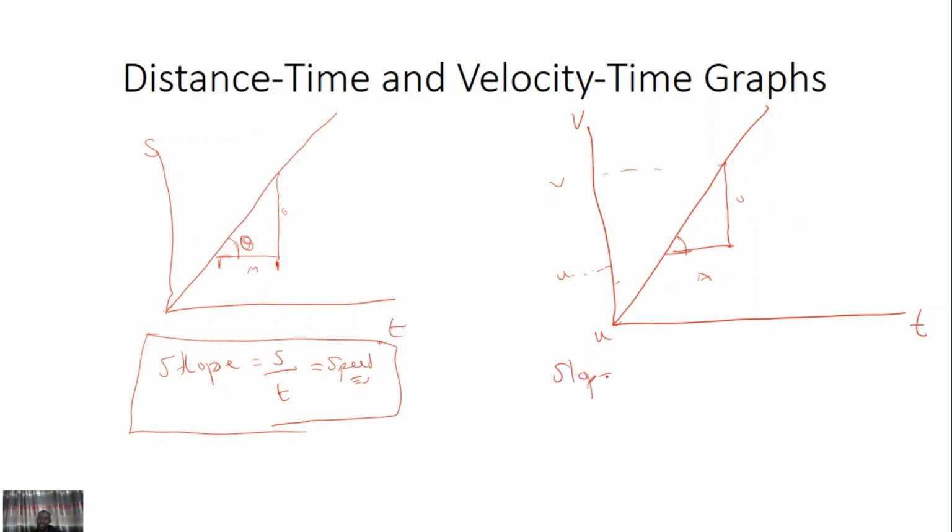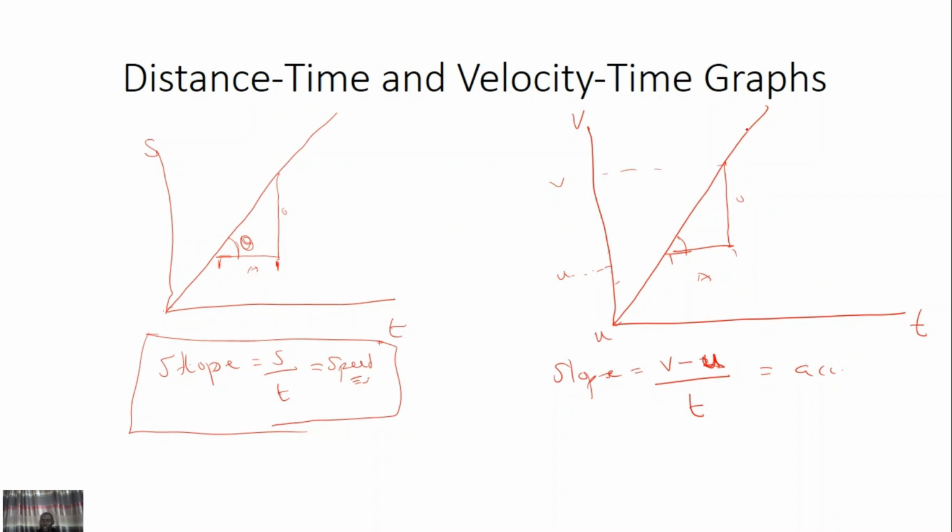The slope is equals to v minus u divided by t, okay, which is acceleration. Meaning that if you want to get the acceleration in a velocity time graph, we calculate the slope of the line.